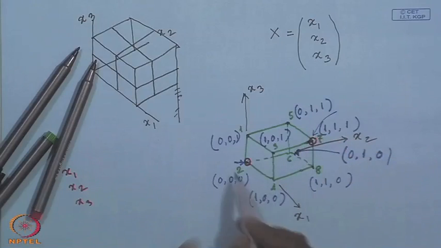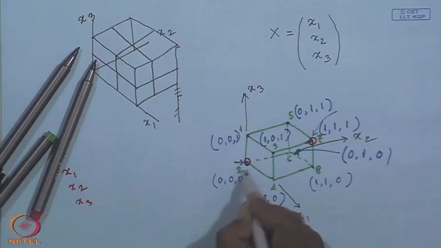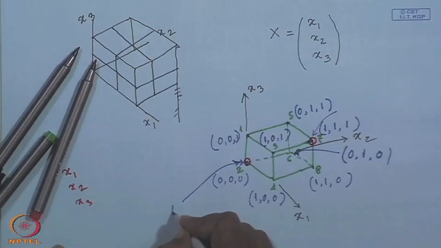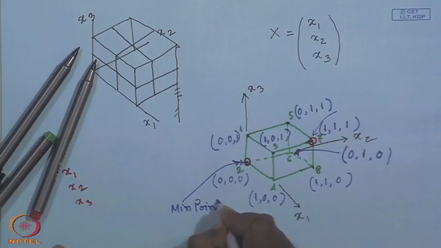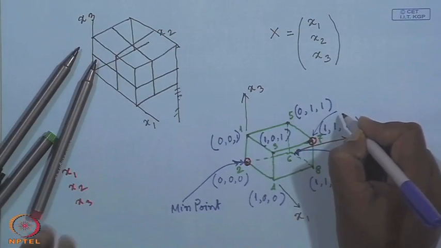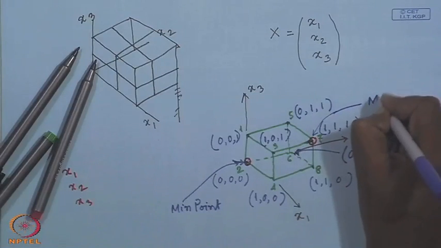So, if I simply know this vertex and this vertex, I can form this rectangular parallelogram. And because this is the minimum of all the coordinates, I call this the min point, and this being the maximum of all the coordinates, I call this the max point.